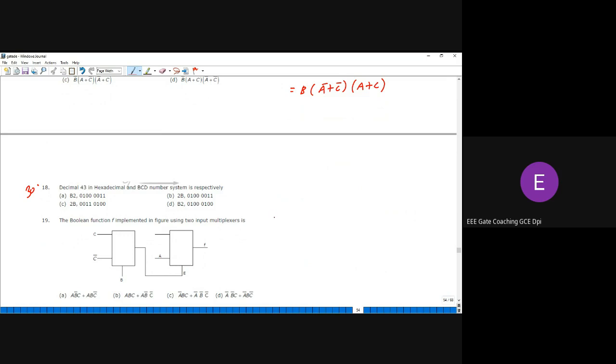Can anyone tell the answer? How to represent 43 in hexadecimal and BCD?